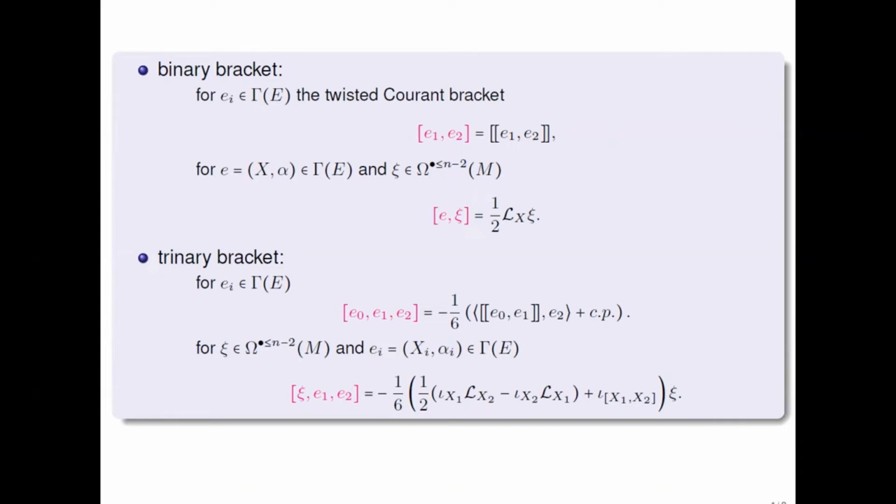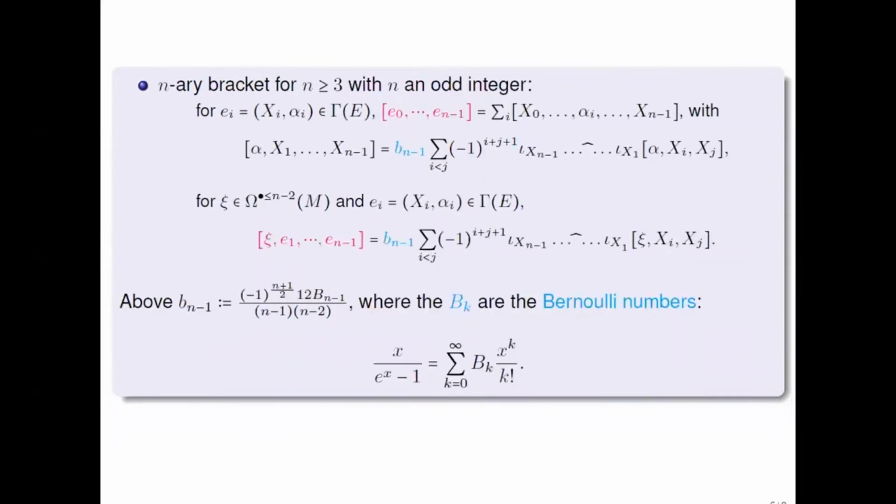You get non-zero brackets only if all the entries have degree 0 except maybe one. That's not that bad. You see there are some Bernoulli numbers appearing here in the higher brackets: the capital B's are the Bernoulli numbers, and the lowercase b's are some numerical constants, and they appear as coefficients.